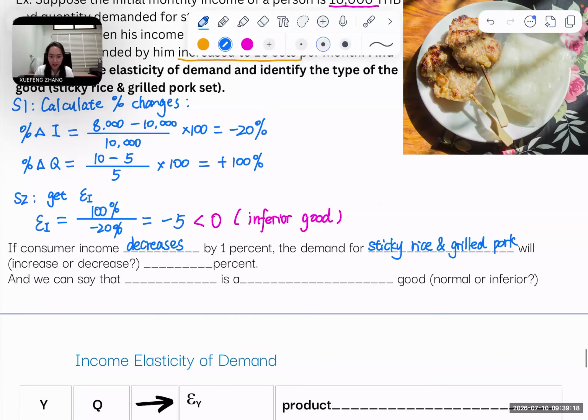So in this case, will increase by how many percent? 5%, right? We got it.